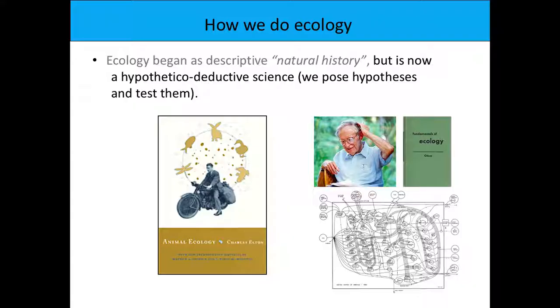And this really started in the last century, close to where I'm from, Ireland. This is Charles Elton, who did phenomenal work in the UK and a number of forests around Oxford University, and was one of the first people to develop a mechanistic understanding of why we see different species in different areas at different times.